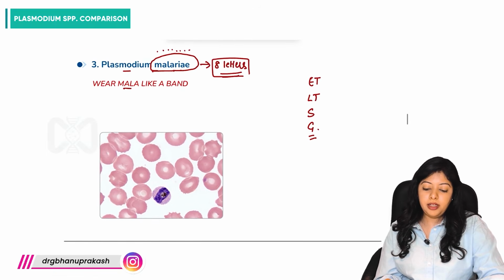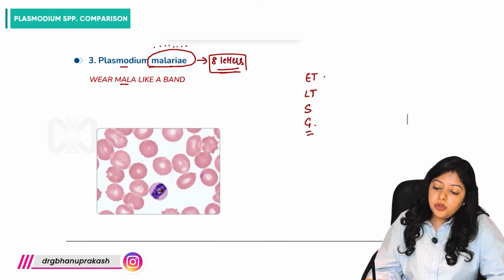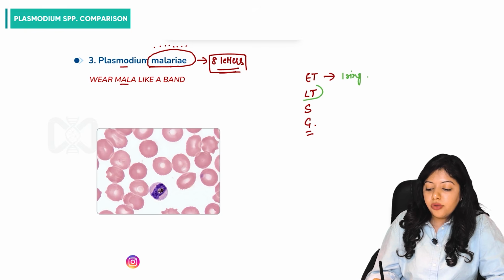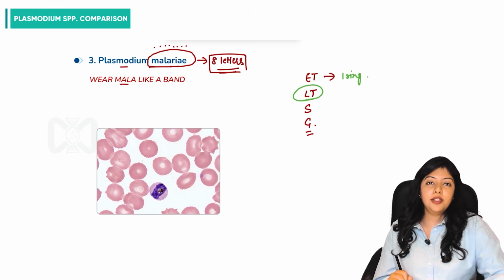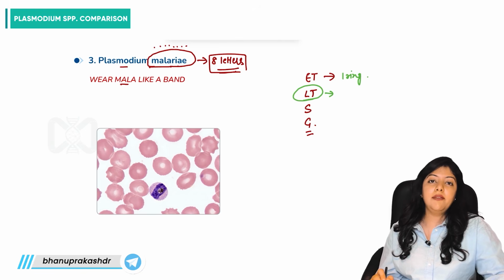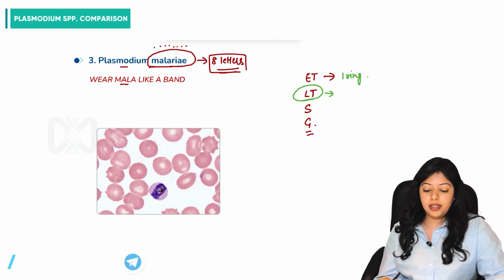First thing, right? So early trophozoite is going to show us a single ring, one ring. It is the late trophozoite stage which is going to be slightly different from the other species. And what is the late trophozoite stage? In vivax, we had A for amoeboid form of late trophozoite, right?